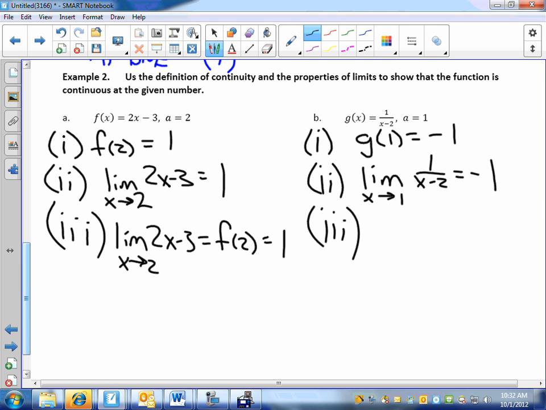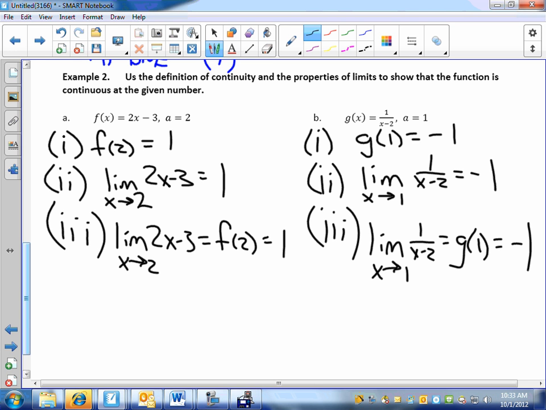Negative 1. And so I can then say that the limit as x approaches 1 of 1 over x minus 2 is the same as g of 1, which is equal to, in these cases, negative 1. That's all there is to it.